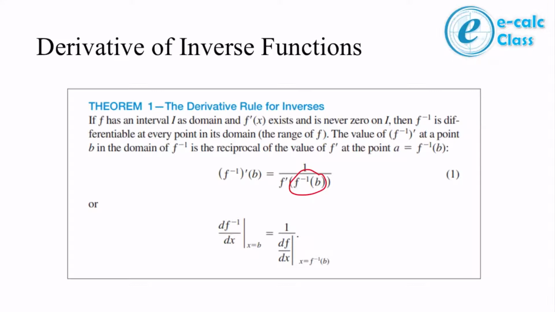If you want to look at this formula, it just means you differentiate f inverse with respect to x at x equals b is equal to the reciprocal of the derivatives of f with respect to x at x equals f inverse of b. I know it's still very complicated, but never mind. Let's go through. Maybe we should prove it so that you can remember it better.